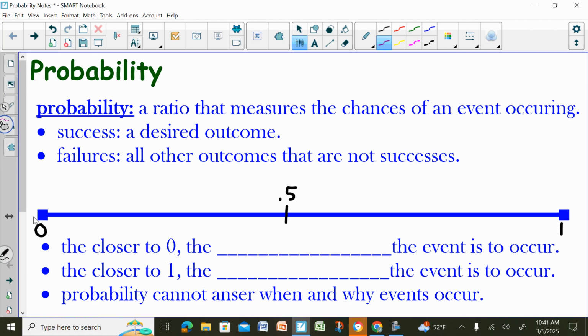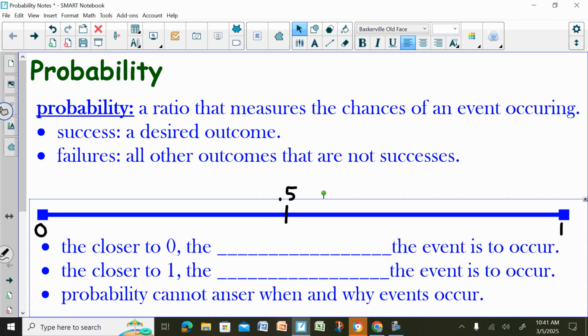Okay, and so the closer to 0 you are, the less likely the event is to occur. The closer to 1, the more likely the event is to occur. And it's just kind of a measurement scale.